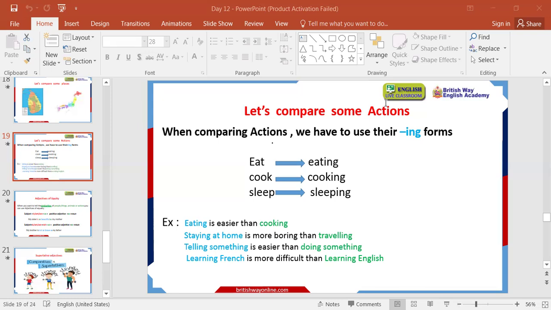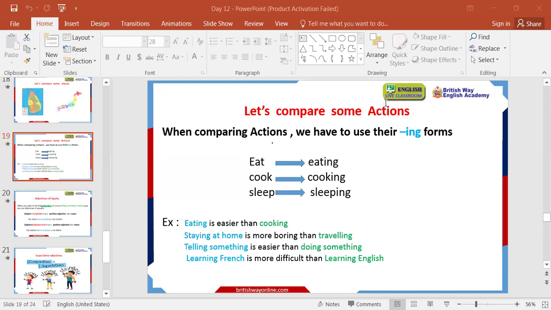Studying is more boring than traveling. Flying is faster than driving. Watching cartoons is more enjoyable than playing games.